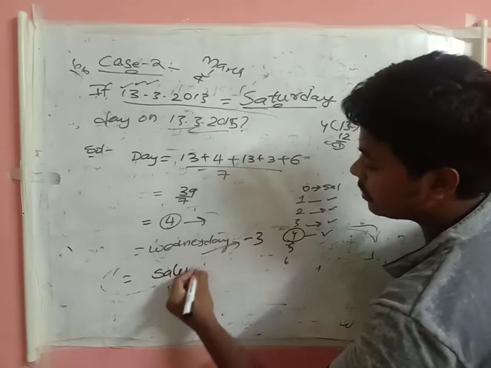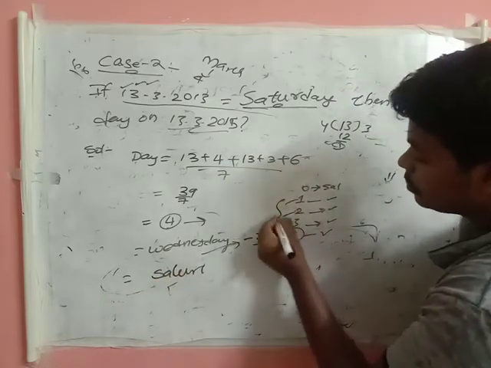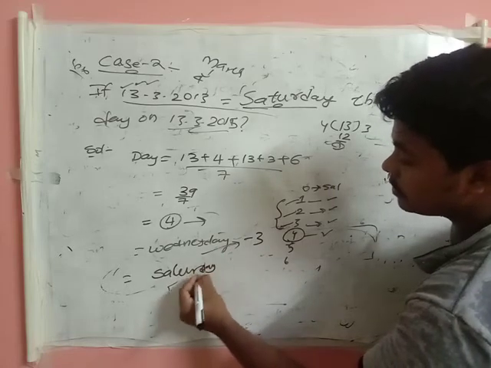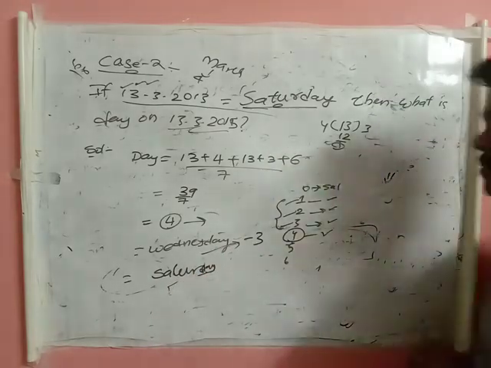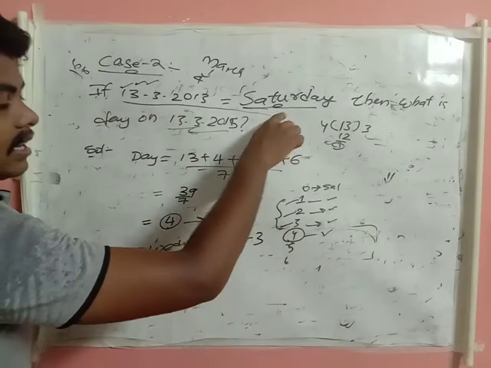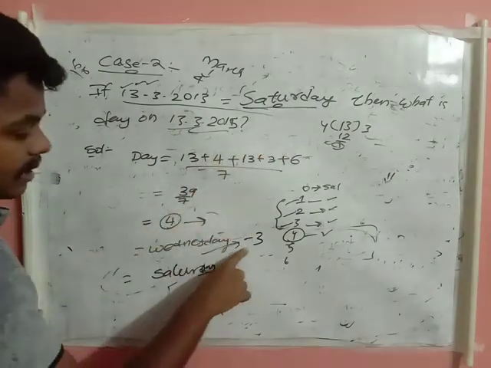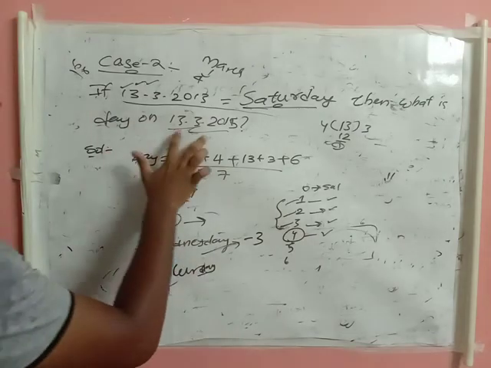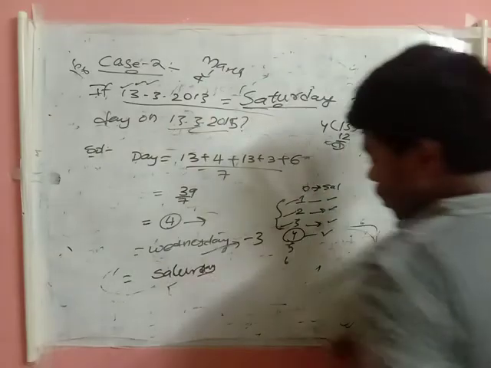Counting 3, 2, 1, I should go back. So if I subtract 3 from Wednesday, I get Saturday. Our correct answer is Wednesday, but they gave Saturday, so I will subtract 3 to get Saturday. You just put this. Now coming to this, how to solve this?